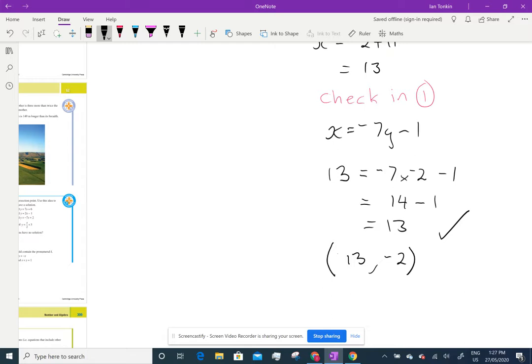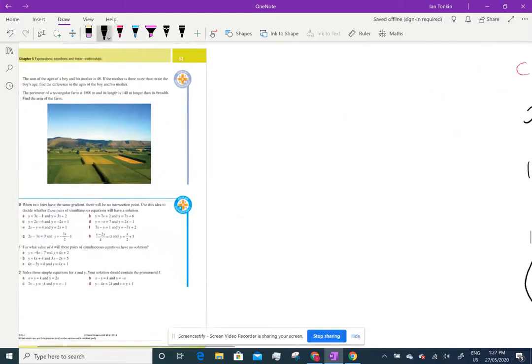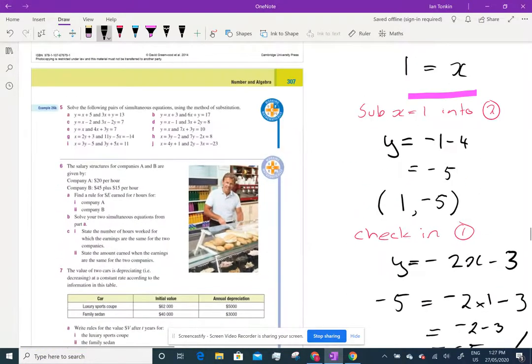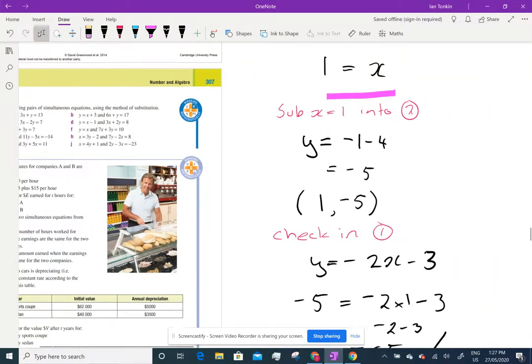So they've been fairly easy. But now I want to do one where they're not written as a subject. Well, no, I'll do 5b. You only have to do 5a, I'm going to do 5b.